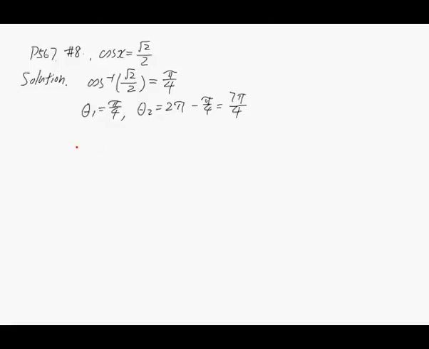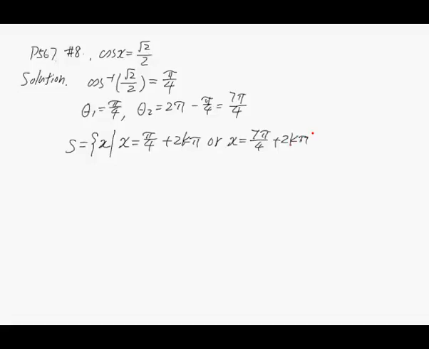So the solution set S is the set of x such that x is equal to pi over 4 plus 2k pi, k is an integer, or x is equal to 7 pi over 4, the other specific solution, plus 2k pi.